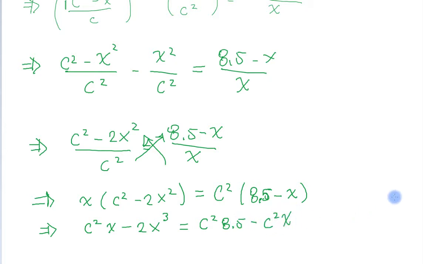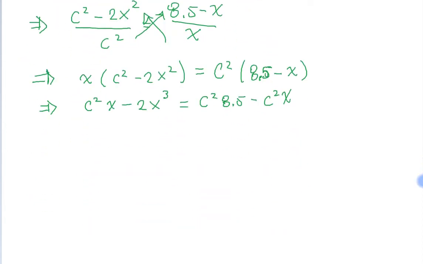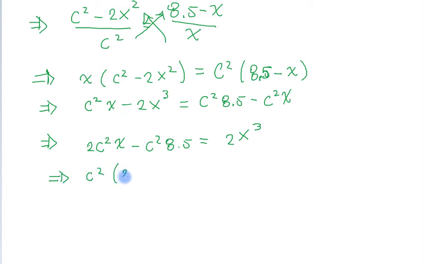Now let's isolate c squared. This implies that c squared x plus c squared x add together. We have 2c squared x minus c squared 8.5 equals 2x cubed. Now we factorize c squared. We have c squared times 2x minus 8.5 equals 2x cubed.